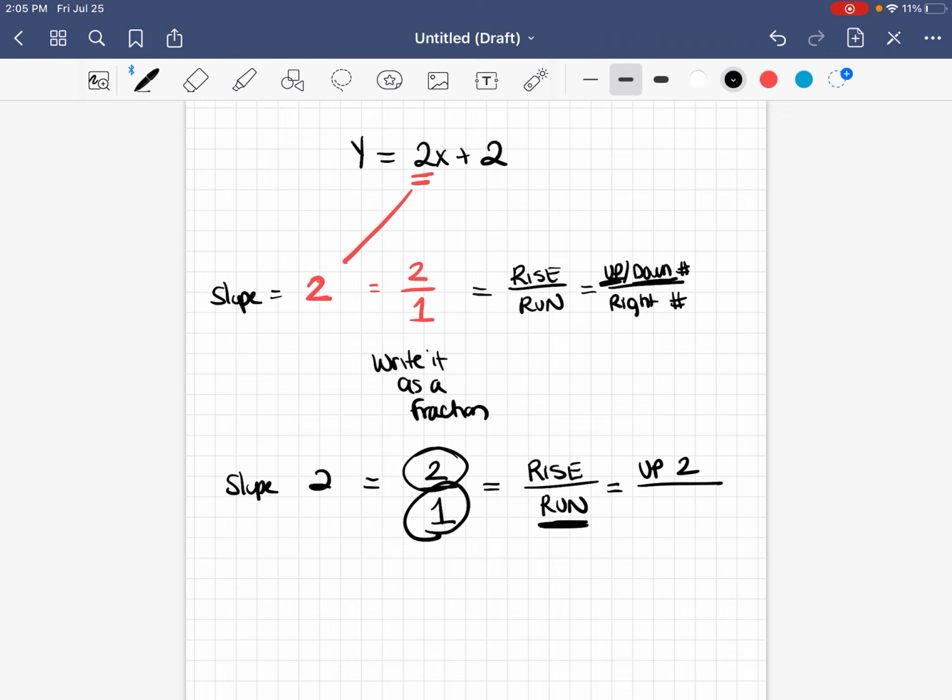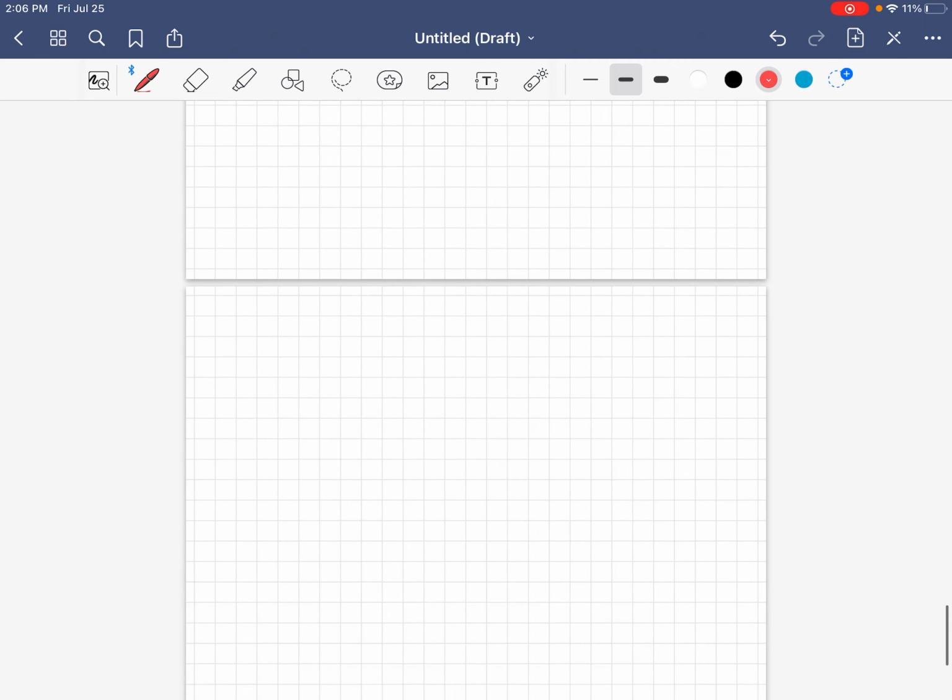So you run, but specifically you run to the right. So you're going to go to the right 1 time. So if you want to follow the slope of 2, that's the same as saying the slope of 2 over 1. That means you go up 2 and to the right 1 every time you're trying to find a new point. Let's see how this works out for us.